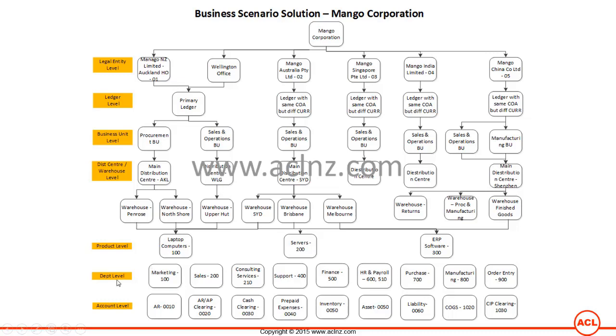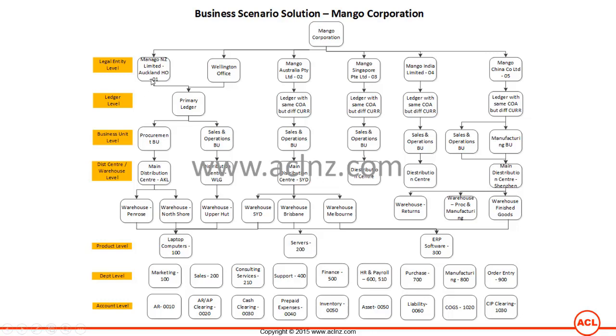In terms of departments, they've got multiple departments such as marketing, sales, consulting services, support, finance, HR and payroll, purchase, manufacturing and order entry. And they've got many accounts, so I've just noted a couple of accounts over here for demonstration purposes. Now, the unique thing that you would note over here is that every entity I have given has got a unique numbering associated with it.